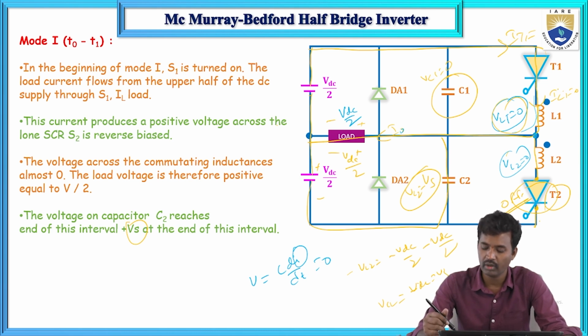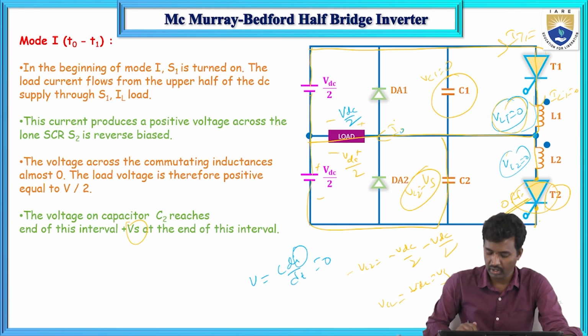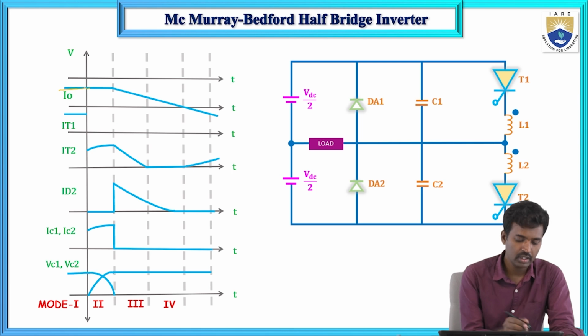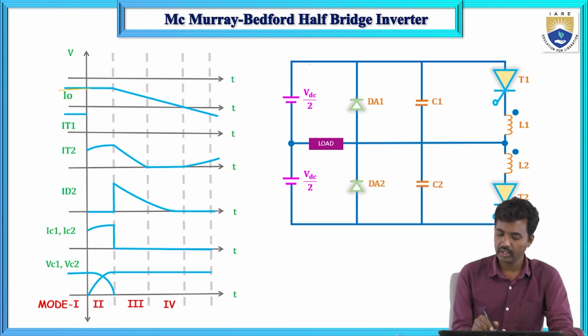IT1 equals IL1, which equals I0. If you see the diagram, I0 is constant, and the I0 current equals the IT1 current.